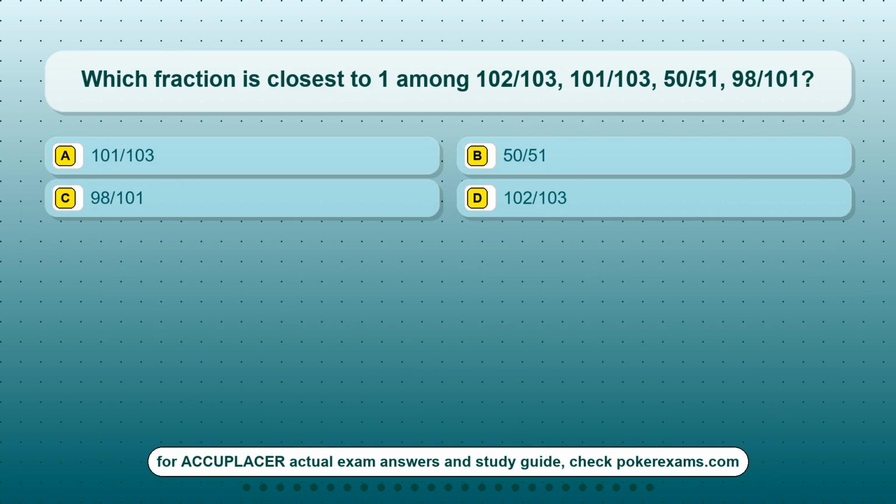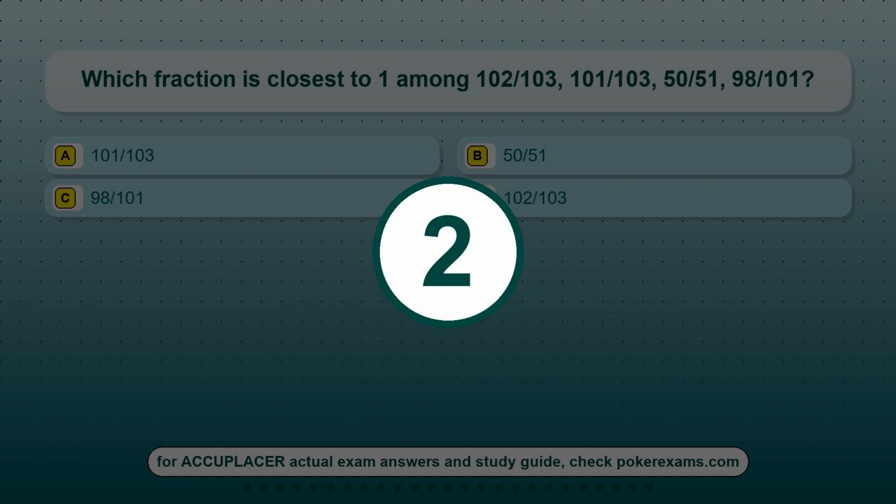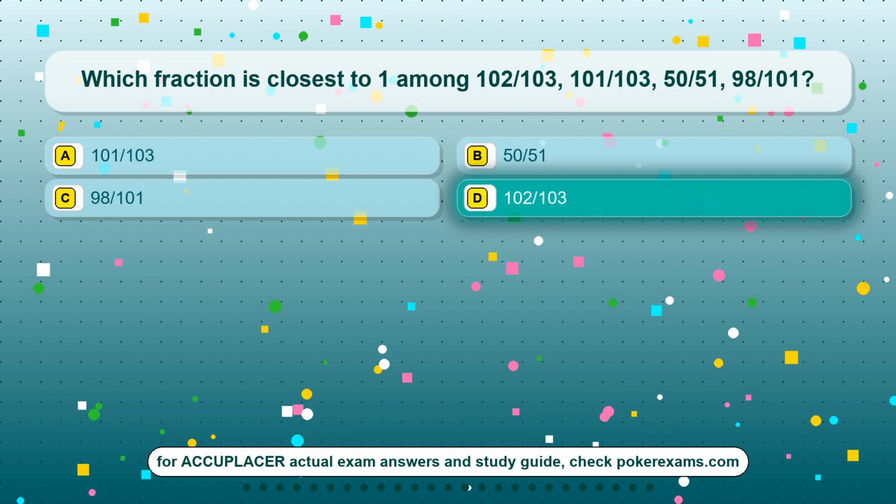Question 24. Which fraction is closest to 1 among 102/103, 101/103, 50/50, 98/101? Option A 101/103, Option B 50/50, Option C 98/101, Option D 102/103. The correct answer is Option D, 102/103.